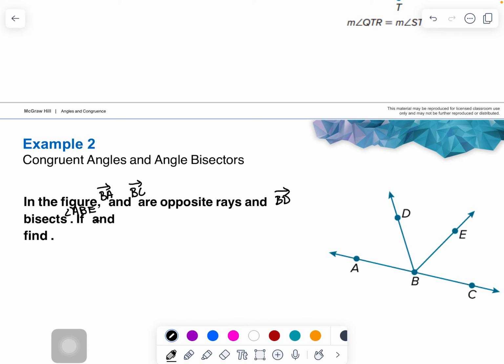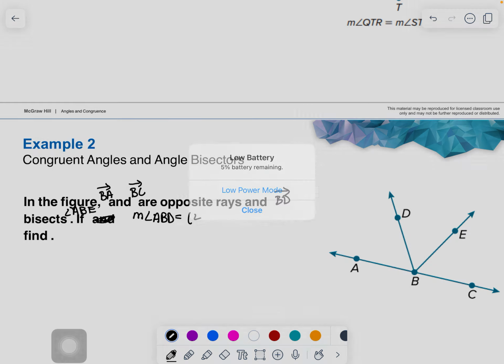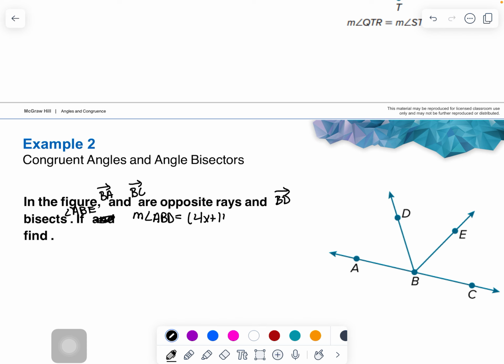If the measure of ABD equals 4x plus 14 degrees, and the measure of angle DBE equals 8x minus 32, find the measure of DBE.